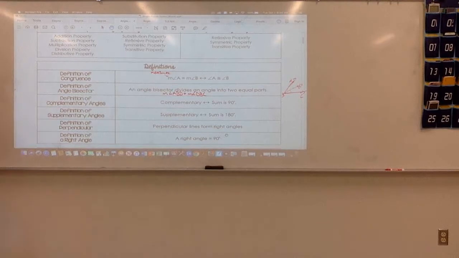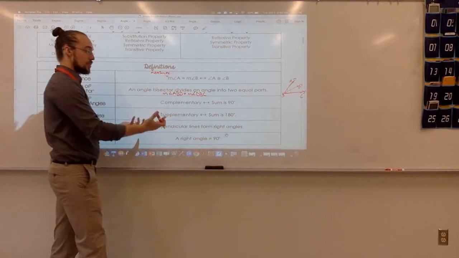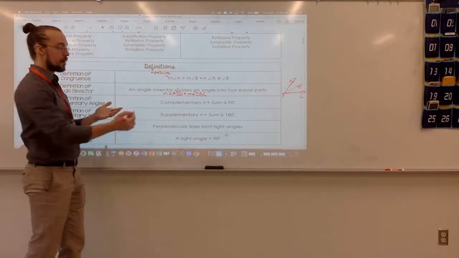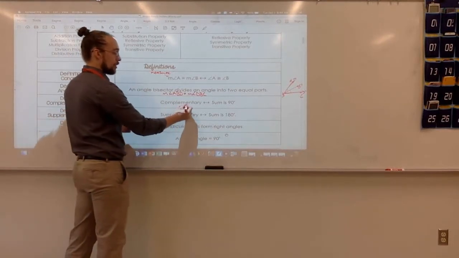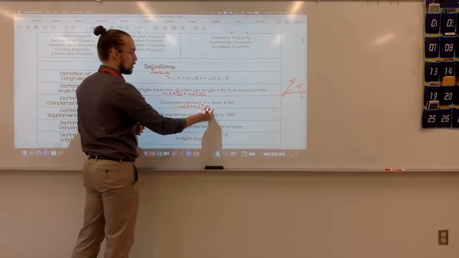We've also talked about complementary and supplementary before. If we're told that two angles are complementary, then I can say that those two angles add to 90. So if I'm told they're complementary, we can conclude that those two angles have measures that add to 90.